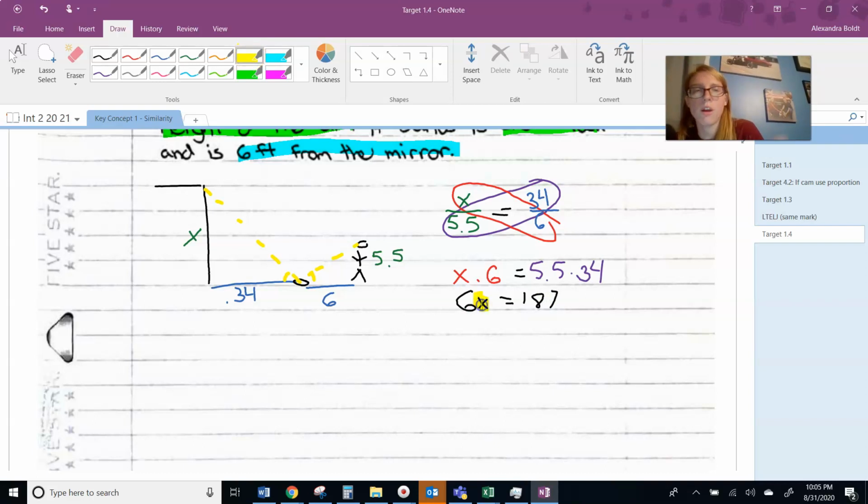And then I'm solving for x, so I'm going to divide by 6. And I get x equals 187/6, which is approximately 31.2 feet.